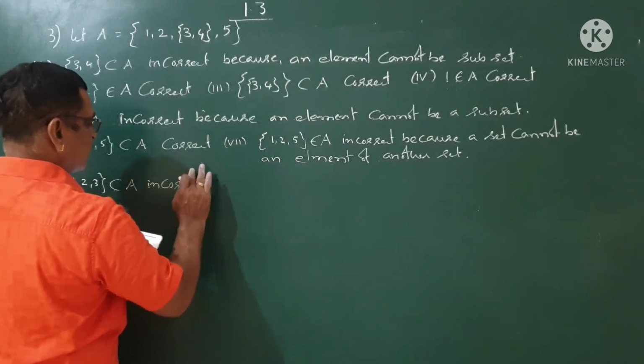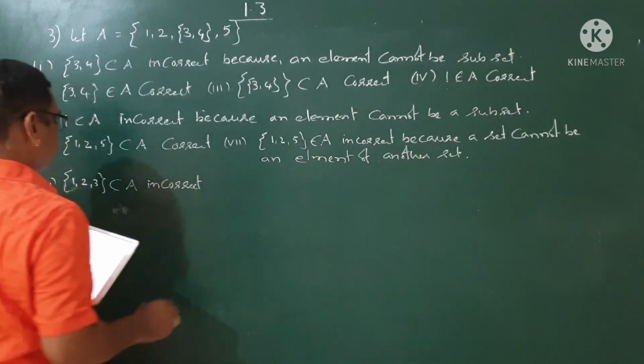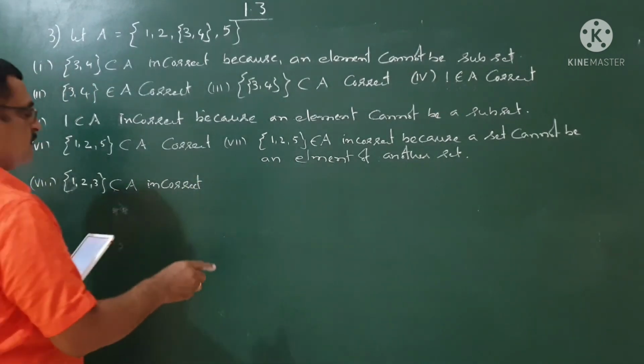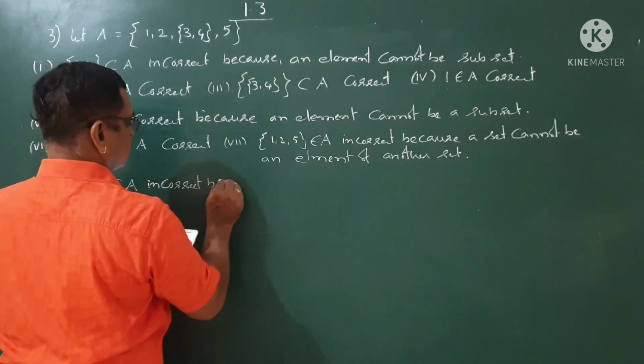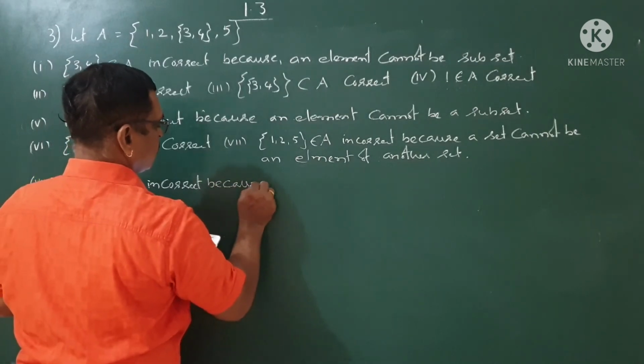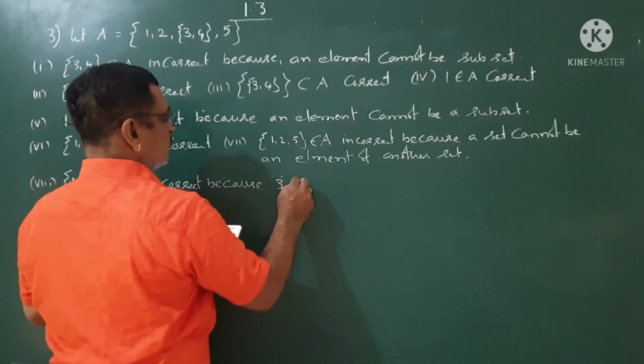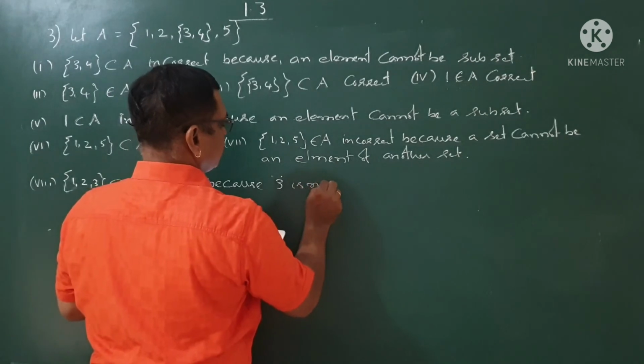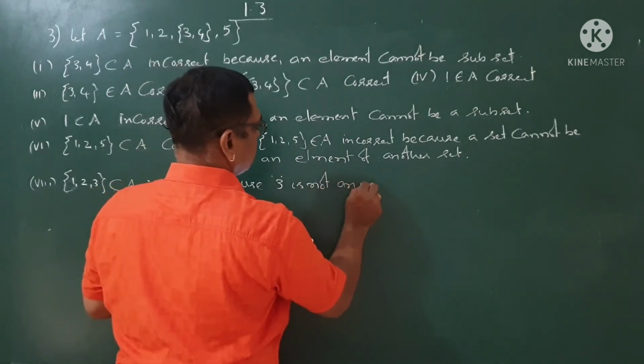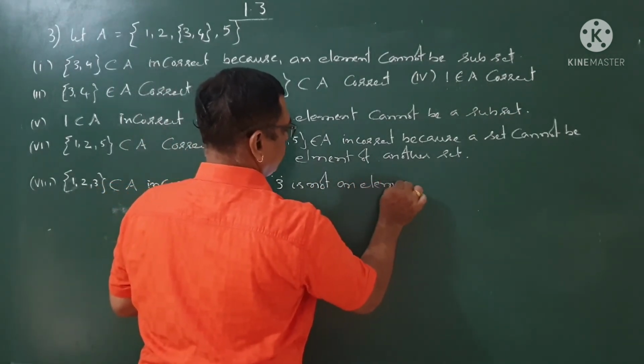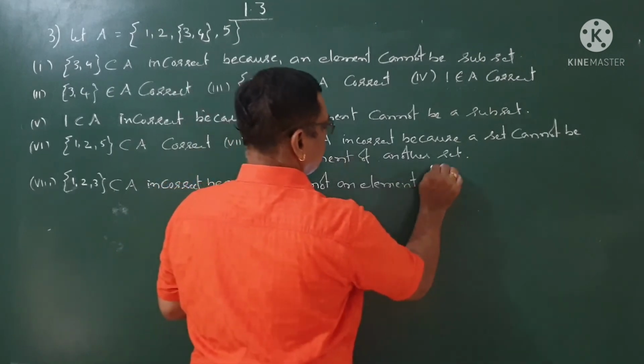Again, I repeat, 3 is a non-element of A here, because 3 is not an element of A.